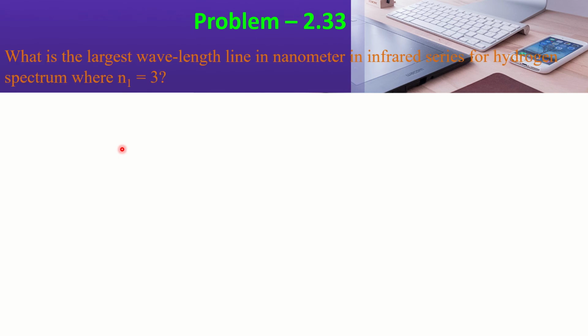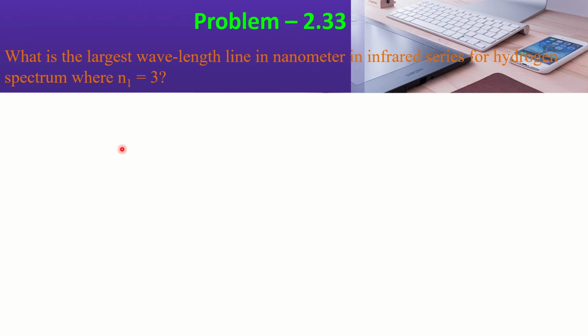What is the largest wavelength line in nanometer in infrared series for hydrogen spectrum where N1 equal 3? You have to find out the wavelength of a spectrum series. Here N1 equal 3, but the value of N2 is not given.